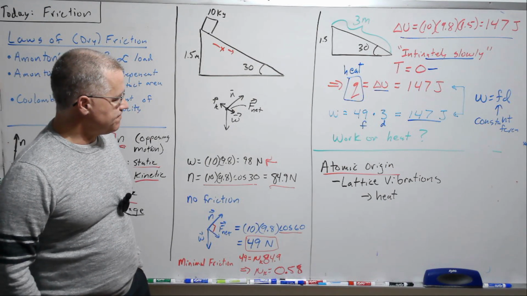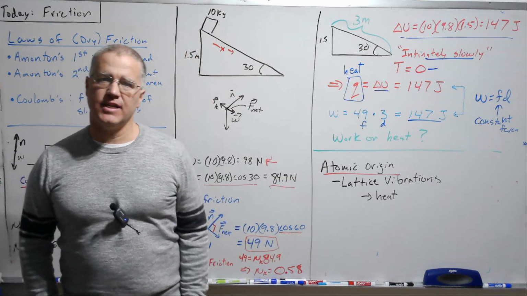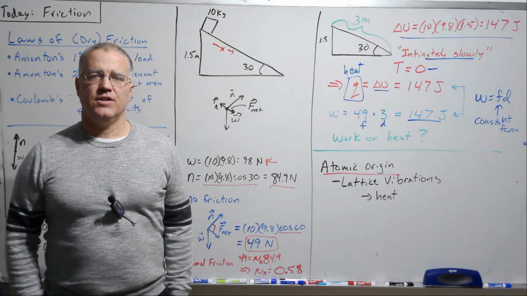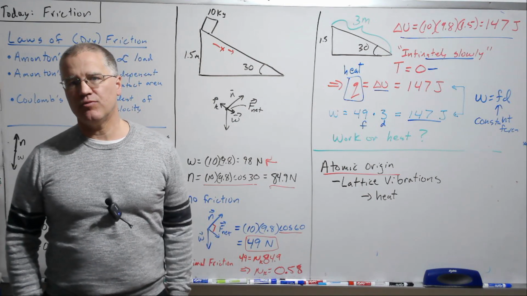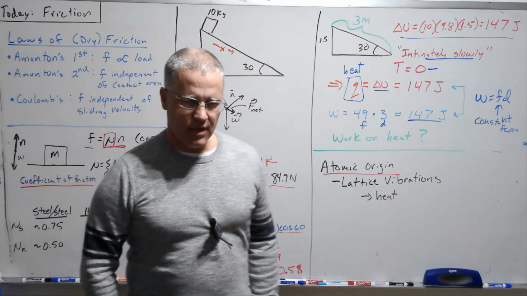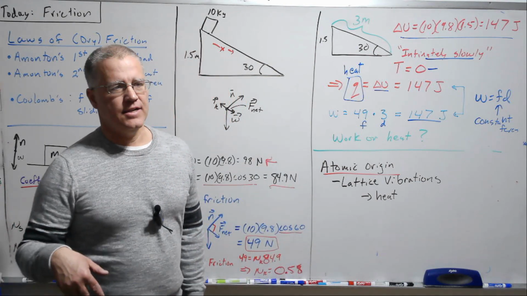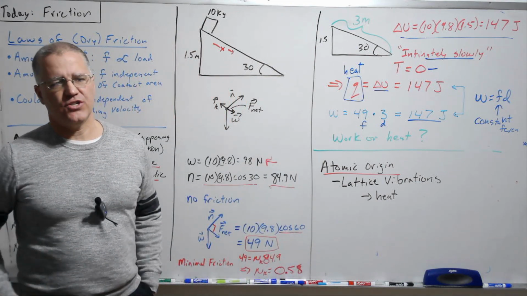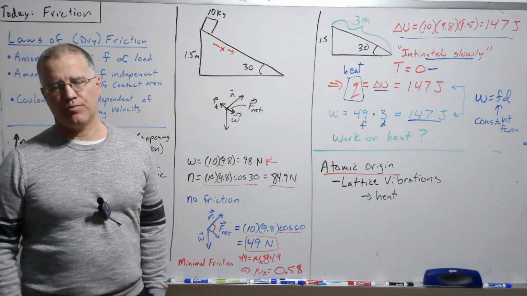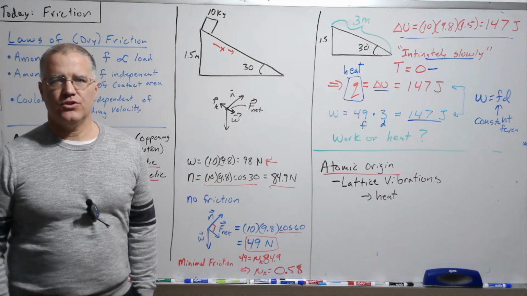All right, so that's it for friction. And again, this is one of the 2 dissipative forces for dissipative systems. Next time we'll talk about drag. Drag has a little bit extra complication. Drag has 2 situations: one where the drag force is proportional to the velocity squared, and the other where it's proportional to velocity.